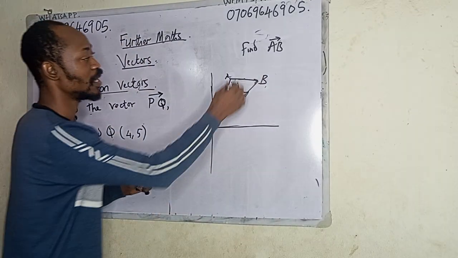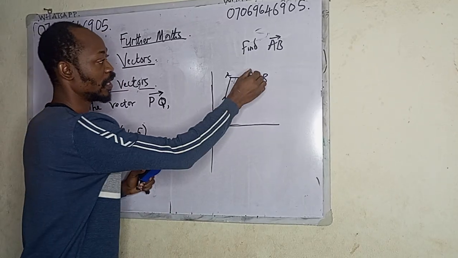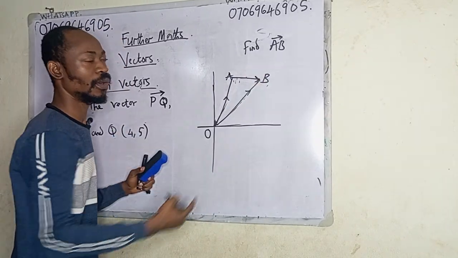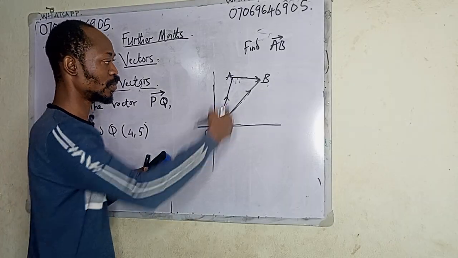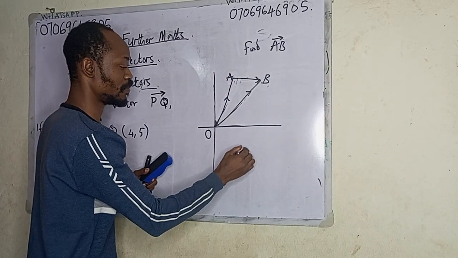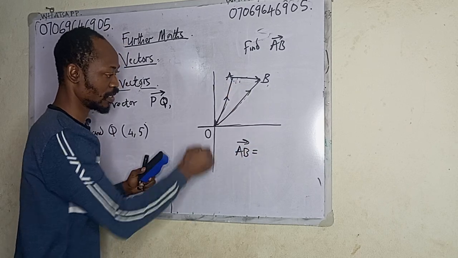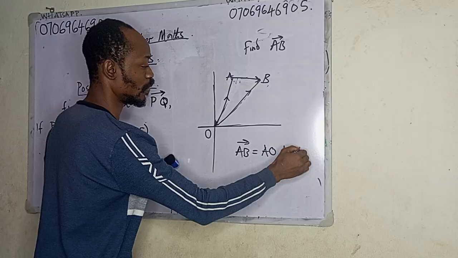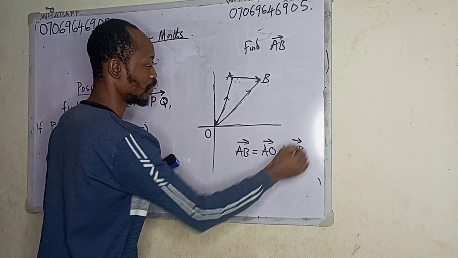So how do we go from A to B? We can just go straight from A to B like this, or we can first of all go AO. So AB is going to be AO plus OB.